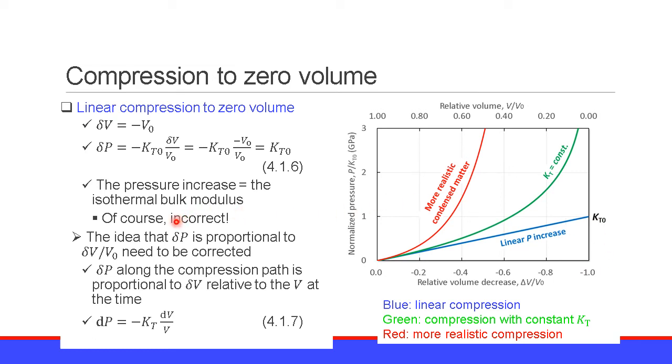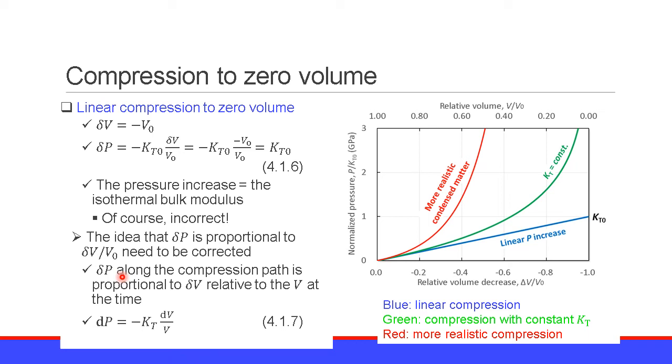Of course, this situation is incorrect against our experience, and more realistic condensed matter shows the compression in this manner. So the pressure rapidly increases with increasing compression. Therefore, the idea that the pressure increase is proportional to the relative volume change delta V over V0 needs to be corrected.